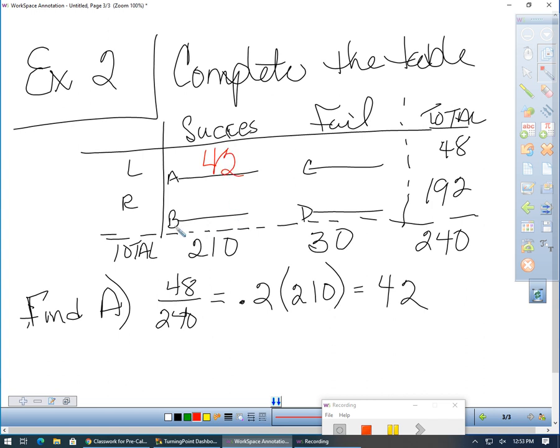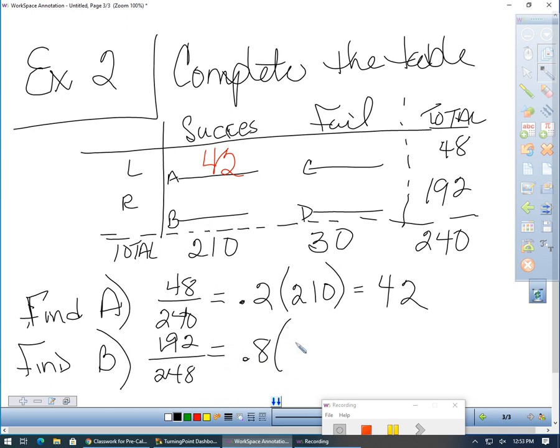Now to find B, we can either subtract it from 210, or we can do that same process again: take 192, divide by 240. It should give us 0.8, and then times 210 again, and we get 168. So this would be 168.